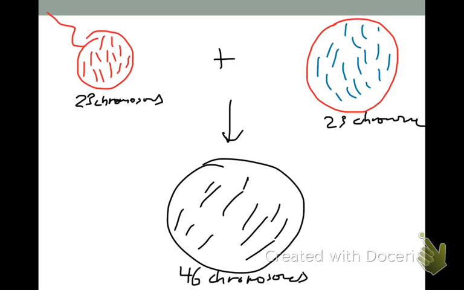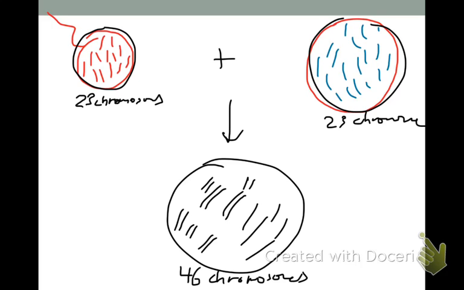And the reason why we have 46 is because these chromosomes here and these chromosomes here will pair up together to give you 23 pairs, or 46 chromosomes. One thing to note is that this is called a 1N, or haploid cell.